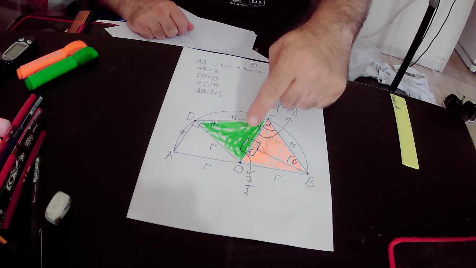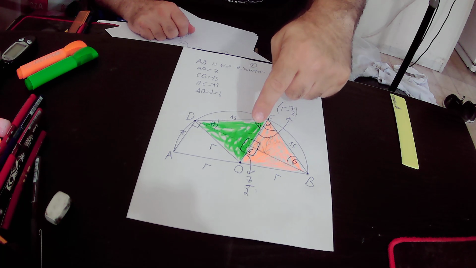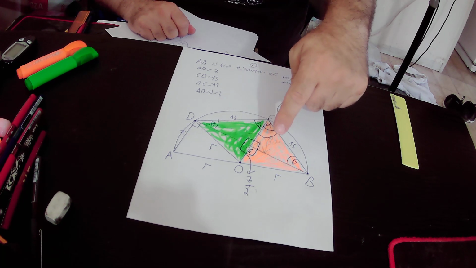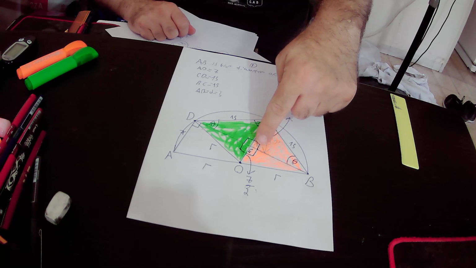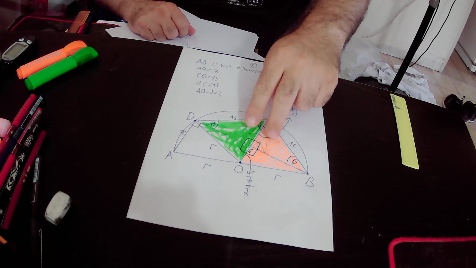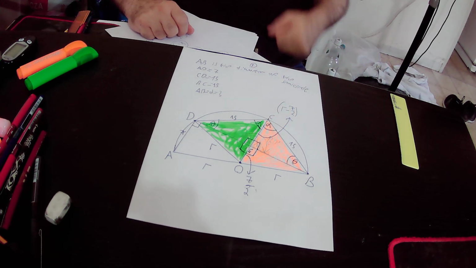So angle CED that equals x is a right angle, and angle CEB that also equals x is also a right angle. So those two angles are right angles.